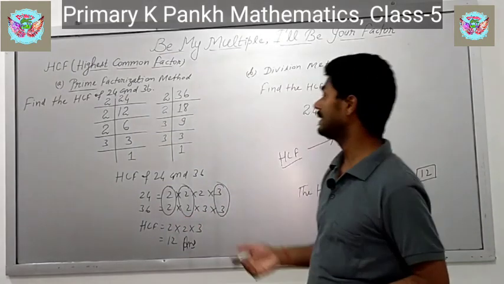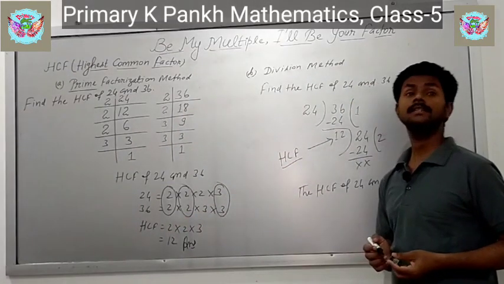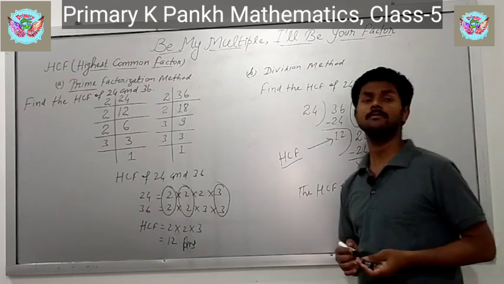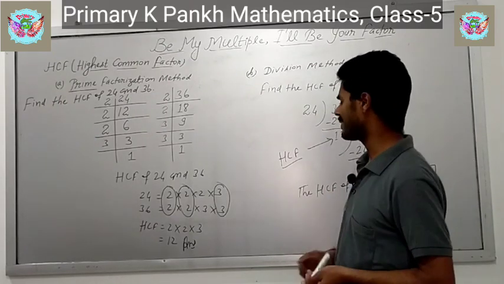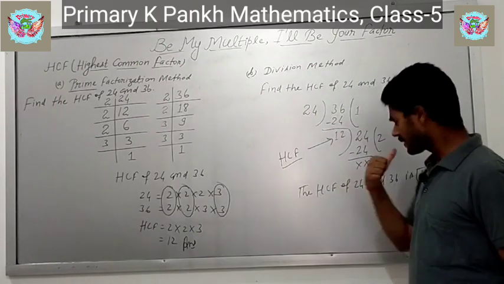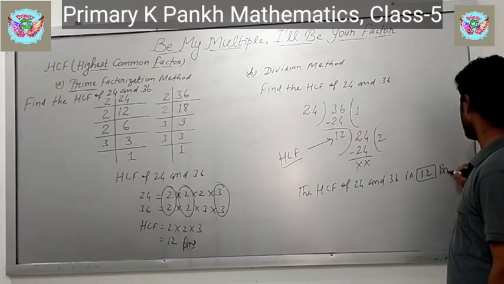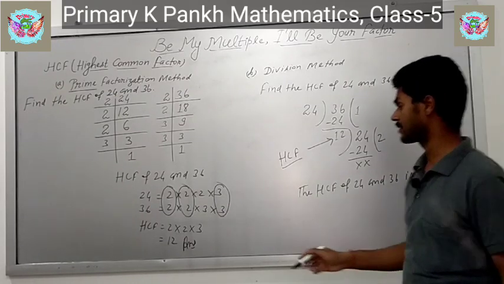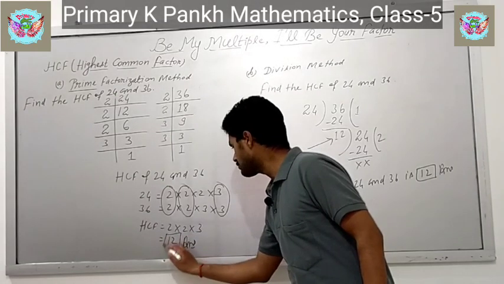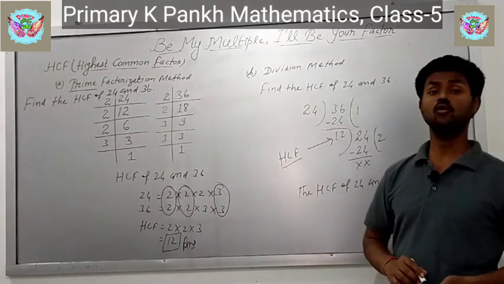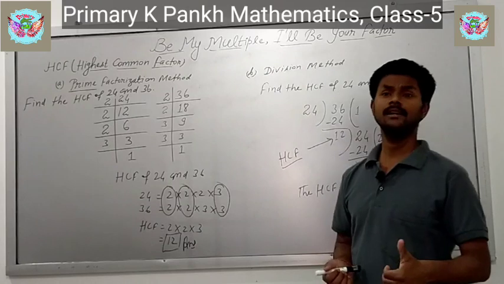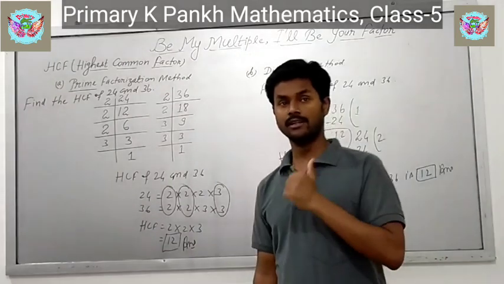So this is our final answer for the HCF of 24 and 36. As you saw in our previous method, the prime factorization method, our HCF was also 12. And this time we have also found the HCF 12. Now I am going to revise these two concepts once again for your better understanding.